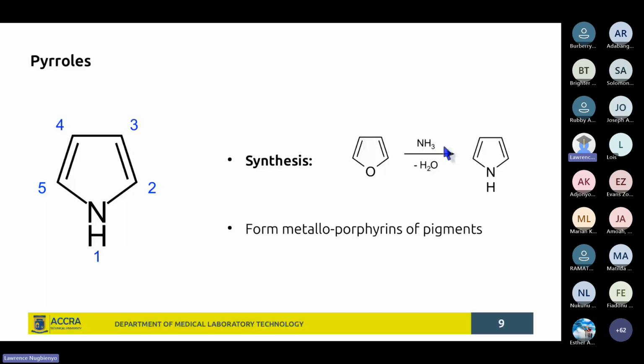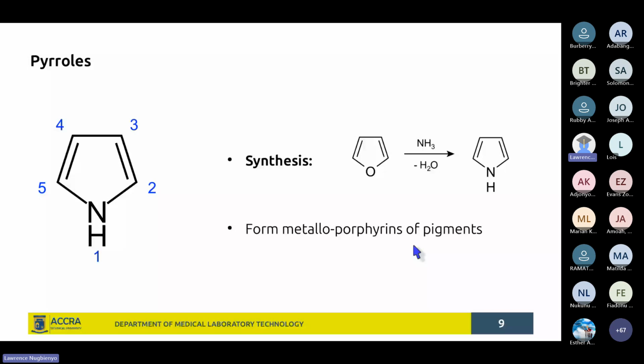Now you find these pyrroles in porphyrins. And this is a structure you find in pigments like hemoglobin. And even later, you come to see that these porphyrins, which are found in pigments, are not only in human beings, as we are talking about hemoglobin.